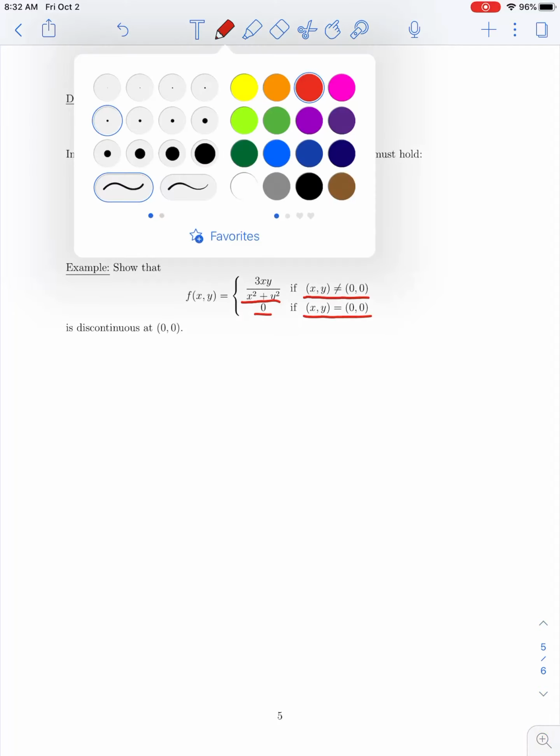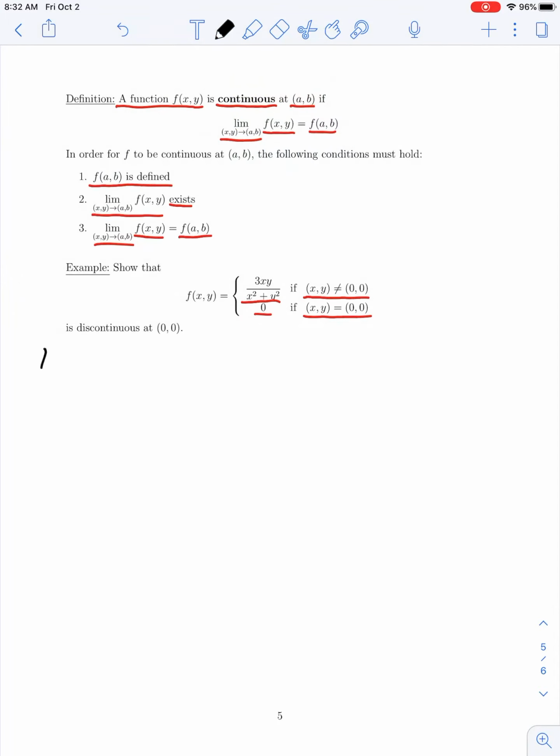So let's see which of our three conditions fails. The first condition for continuity is that the function has to be defined at our point of interest, in this case 0, 0. Now, we've already said if xy is equal to 0, 0, then our function is defined as 0.